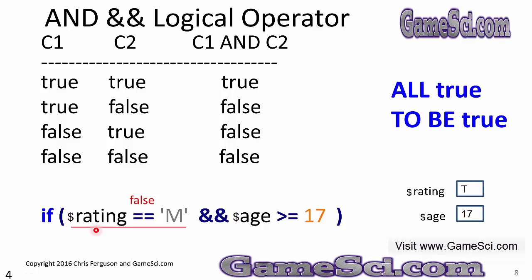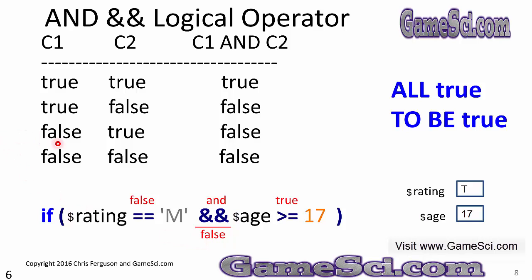First of all, our rating is T, so T equal to M is a false statement. After we evaluate that side, we'll go over here. Our age is 17. Age greater than or equal to 17 is a true statement. 17 greater than or equal to 17 is a true statement. So my input to the AND is false and true. When I AND those two things together, what happens? I get a result of false.